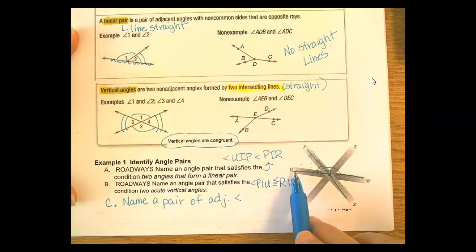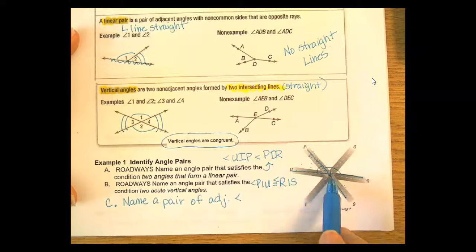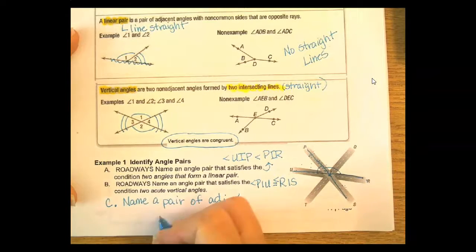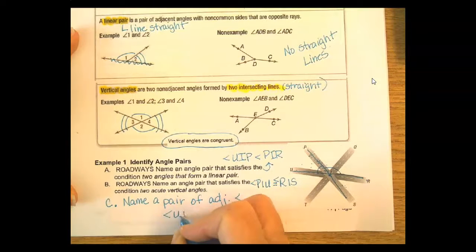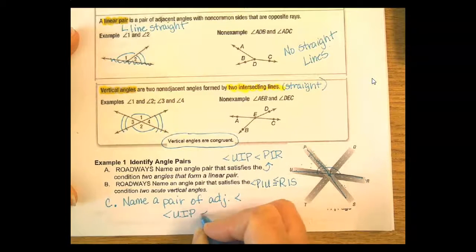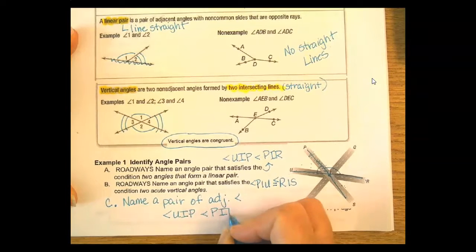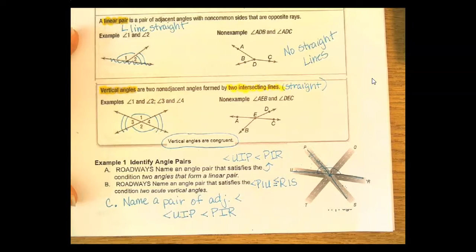So UIP and PIR, they share this and they also share that vertex. So I'm going to use that same pair. Now, if you stop this and wanted to do this on your own, there are several different answers here. I just gave you an example. Next.